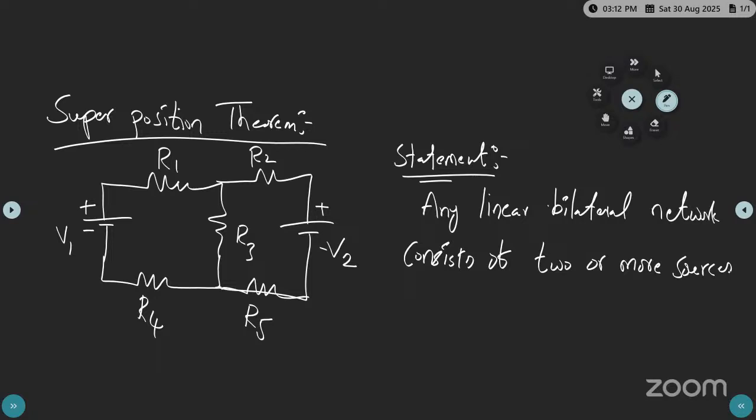Limitation of the superposition theorem: it cannot be applicable for a single source. For example, if only one voltage source is there, you are unable to apply the superposition theorem. So the limitation is that the superposition theorem is not applicable for a single source problem.